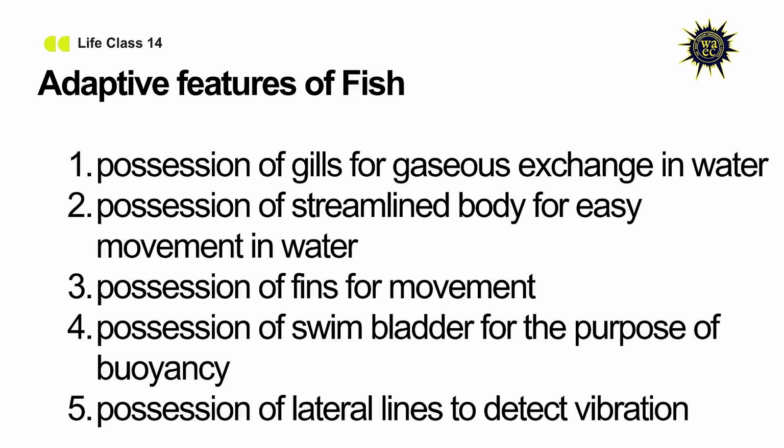Number four, it possesses swim bladder for the purpose of buoyancy. Number five, it possesses a lateral line that detects vibration. So this is very important. It helps them to escape from their prey when they see that maybe an attack is coming. The lateral line signals them by giving them a certain type of vibration that helps them to migrate.